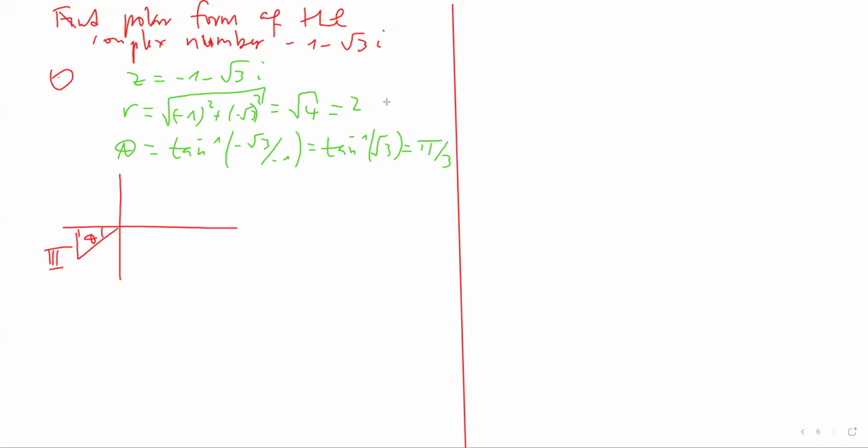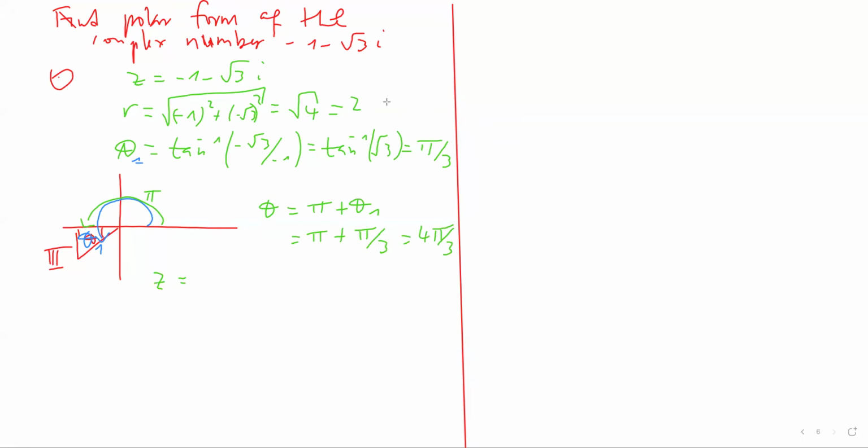Going from here to here is what we calculated as theta; let's call this theta 1. Then from here to here is pi, so we can add it. Eventually our theta will be pi plus theta 1, and pi plus pi over 3 is 4 pi over 3.